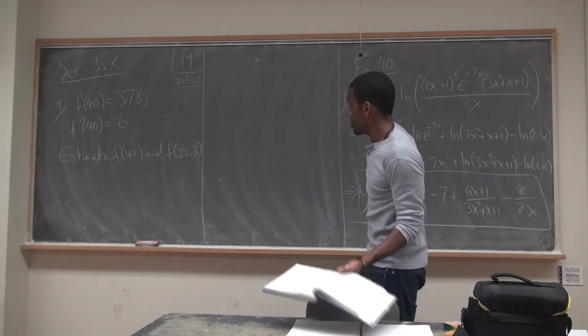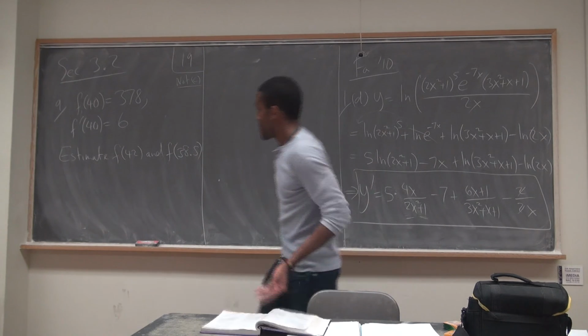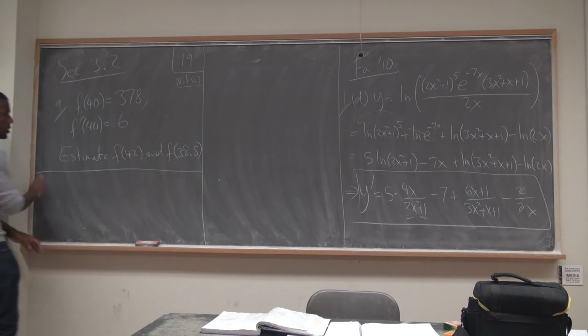Yeah, so let's do that. Okay, what's f of 42? What's the first step? What should we be using here? Let's figure out.